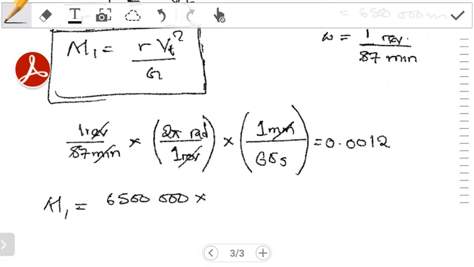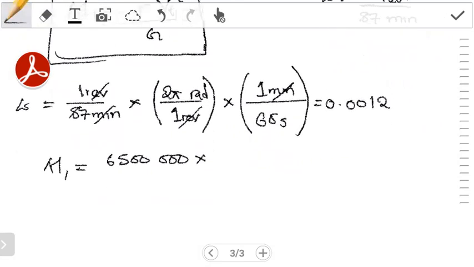Now remember what VT is. Since this is our omega, VT is equivalent to R omega. So you basically just have to multiply our omega by the radius. So let's just do that.